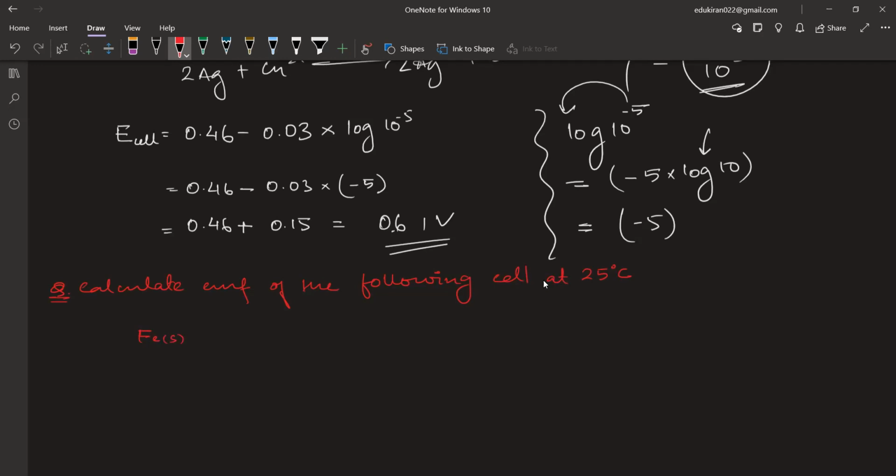Fe solid getting converted to Fe 2 positive. It is having 0.001 molar concentration. There is a bridge, then we have H plus, and the concentration of H plus is 0.01 molar.